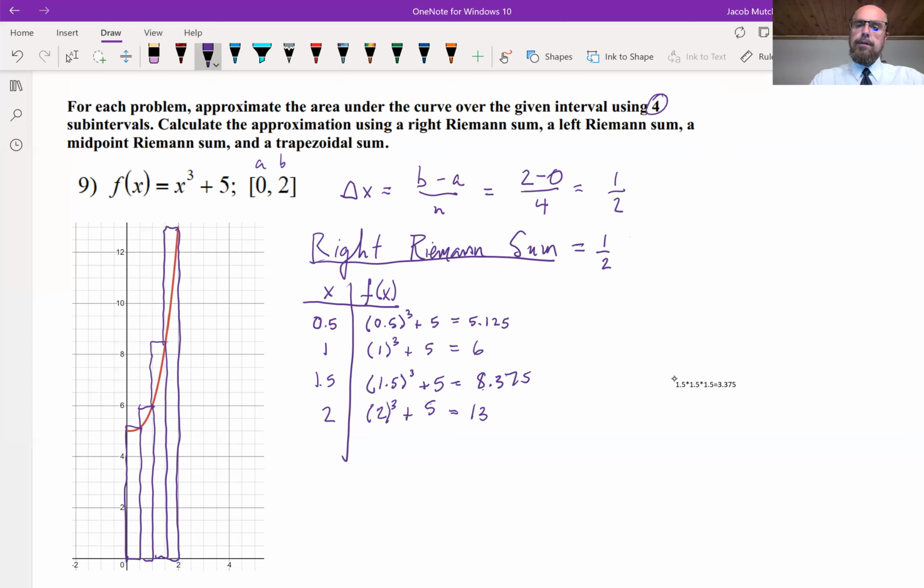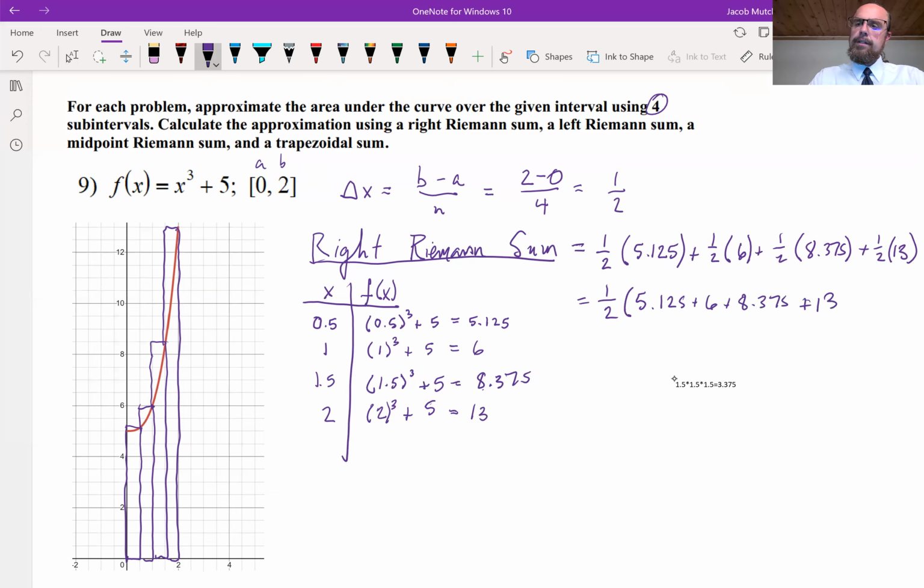It could be half times 5.125, that's the first rectangle there, plus half times 6 plus half times 8.375 plus half times 13. Another way to represent that would be as half, if I factored it out, times the sum of the heights, 5.125 plus 6 plus 8.375 plus 13. Let's calculate it according to that second way of writing it.